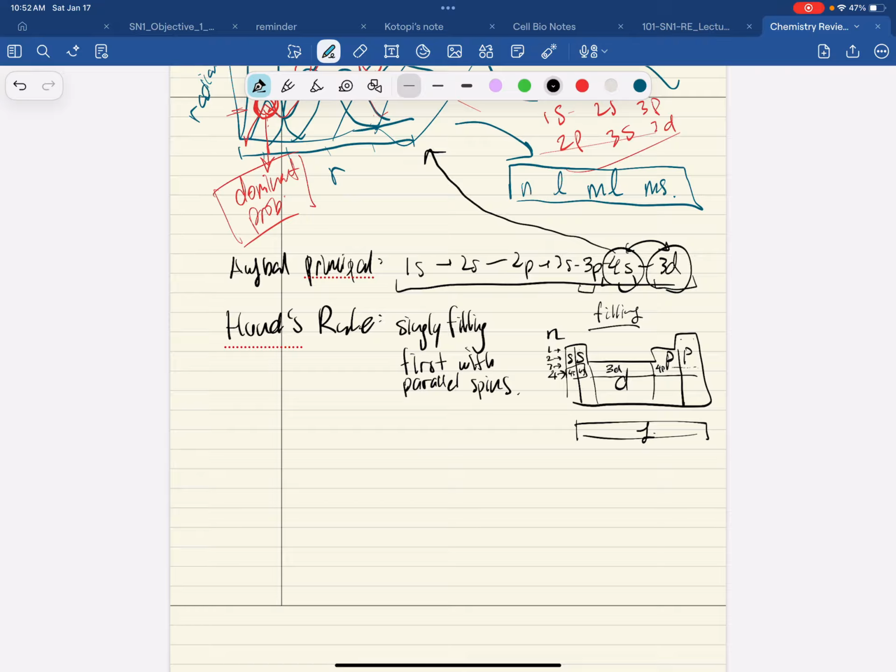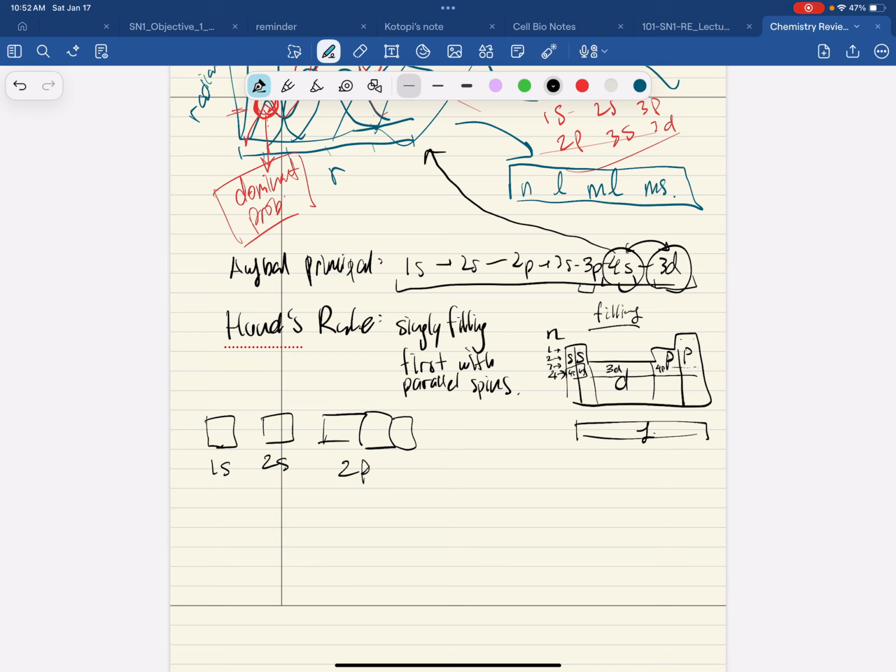So that means we can actually represent these orbitals with boxes. This is an s orbital, this is a p orbital, and we'll stop there actually. So let's say there's two s orbitals because this is a 1s and this is a 2s, and the p orbital will make it a 2p orbital.